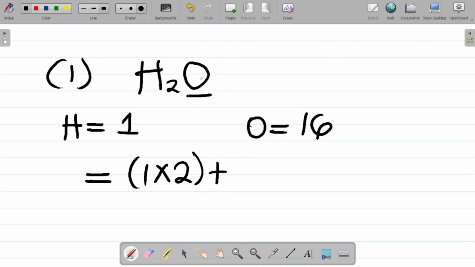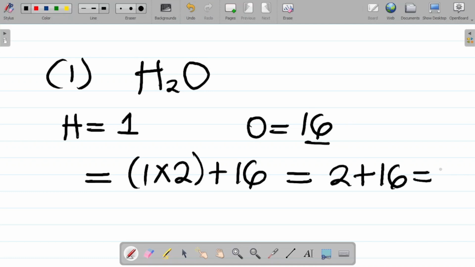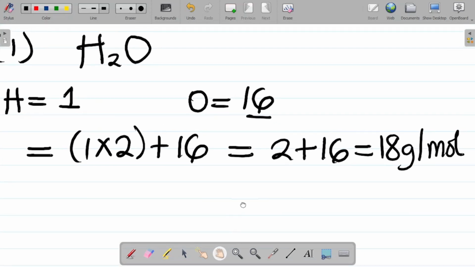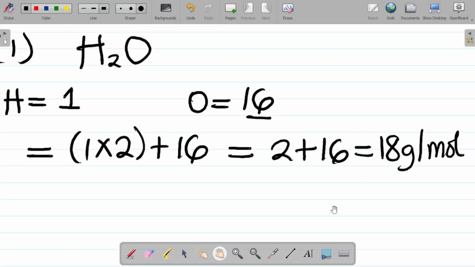So it becomes 1 times 2. Plus, for oxygen, we have just 1 atom, so that becomes 16. If we sum this up, 1 times 2 gives you 2, so it becomes 2 plus 16, and that's equal to 18. The unit is 18 gram per mole. So this is the molecular mass of the compound H2O.